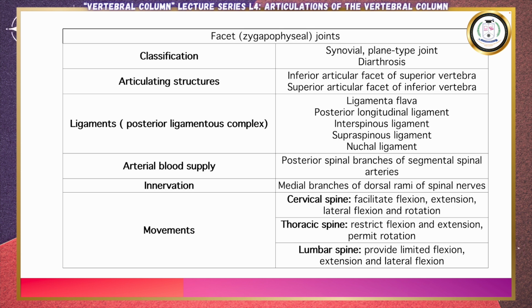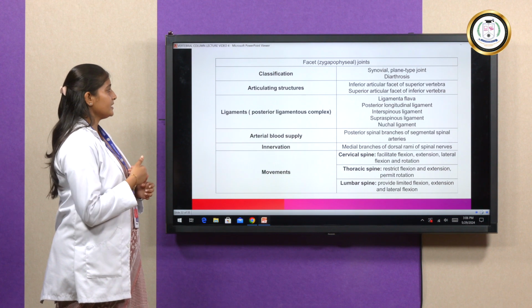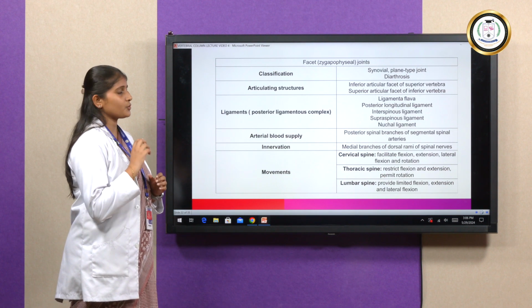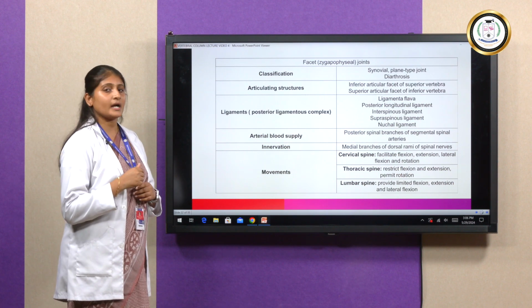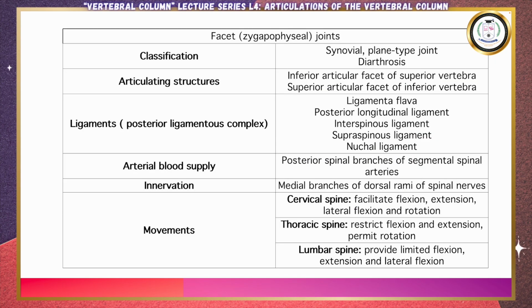It comes under the synovial variety and plane type of joint. The articular surfaces are the inferior articular facet of the superior vertebra, which articulates with the superior articular facet of the inferior vertebra. And we have ligaments like the ligamentum flavum, posterior longitudinal ligament, interspinous ligament, supraspinous ligament, and nuchal ligament.